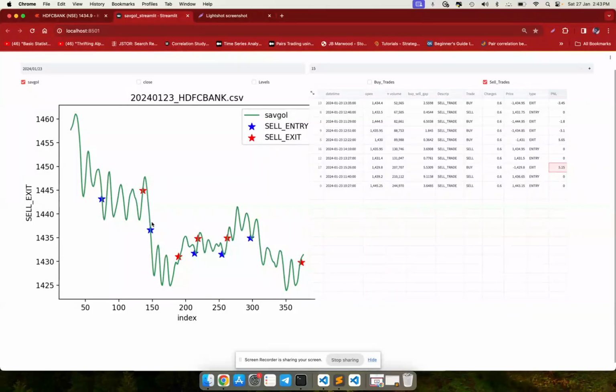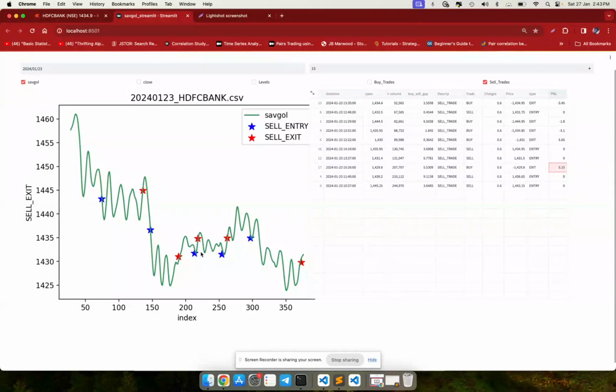So we can assume that breakouts with a small buy and sell level gap might give losses. That is one thing, but I'm not sure about that, and we can filter them out by volume. I don't know about that also.